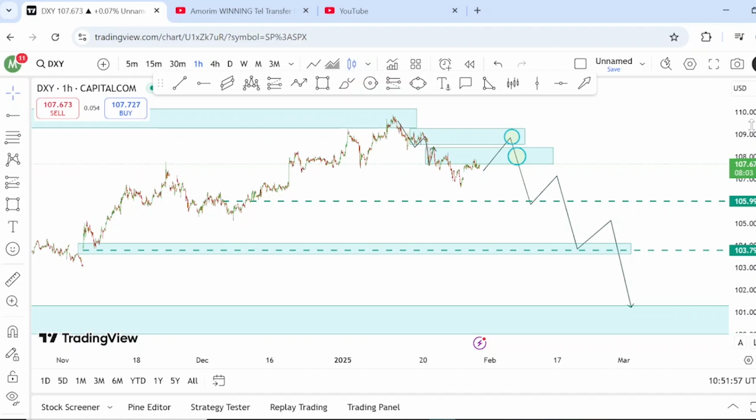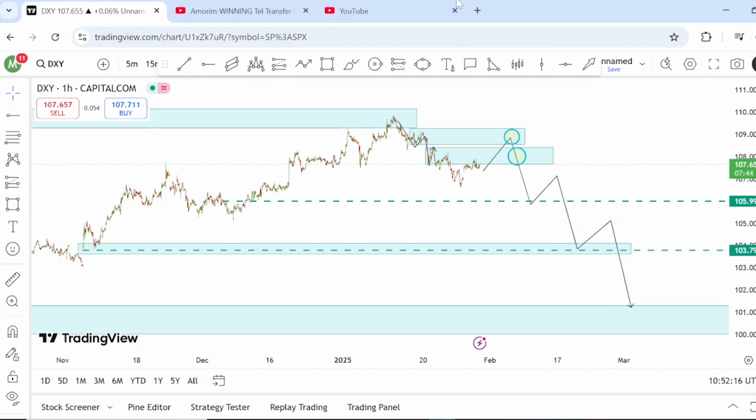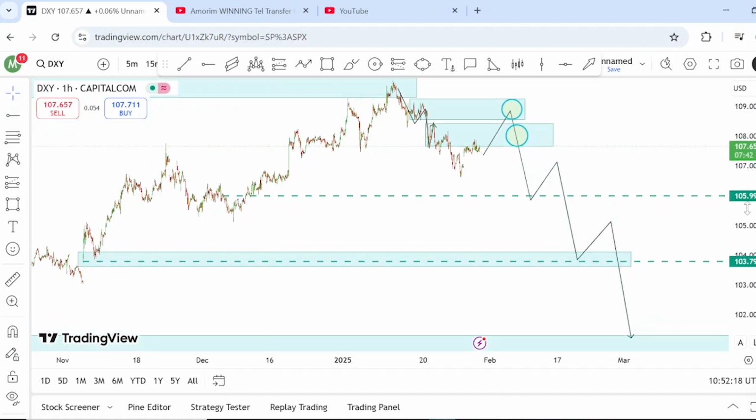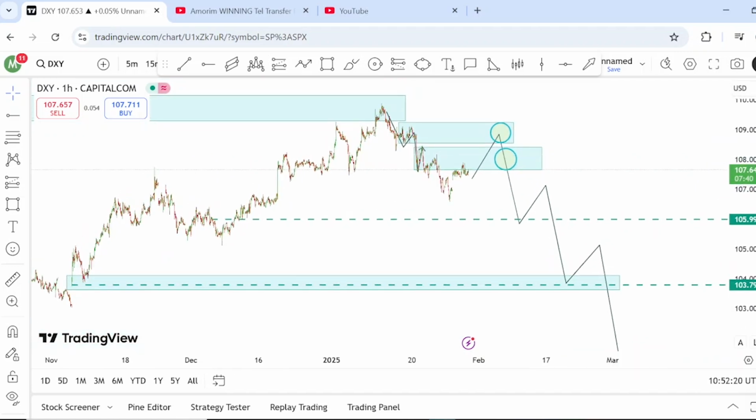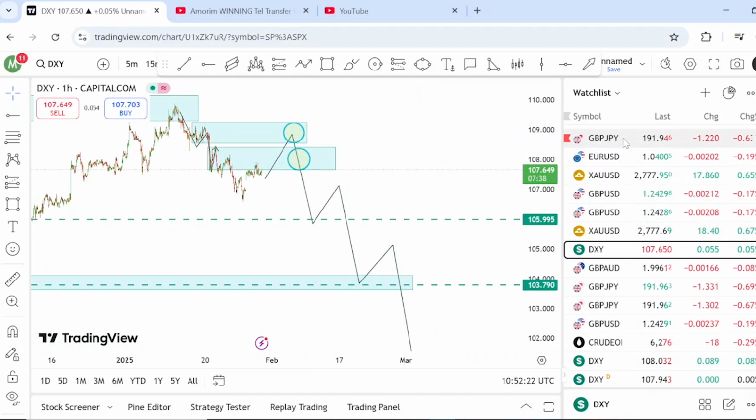If you get a pair with the dollar as the quote currency, the pair will be moving down, because the dollar will be stronger and pushing the other currency downwards.